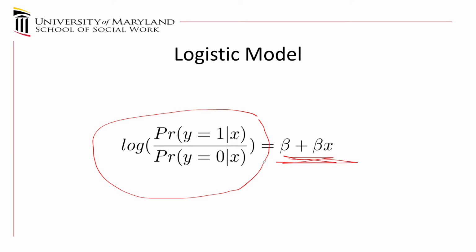We get our logits, and then those logits can be transformed into odds ratios. Odds can be converted into probabilities, which allows us to keep the probabilities bounded between 0 and 1.